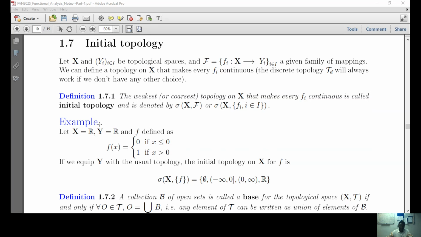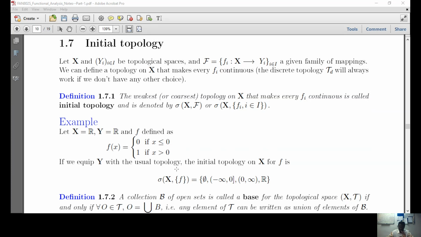Obviously, we equip Y with the usual topology, that is the usual topology of R. Now, we want to define a new topology on X that will make this function f continuous, right? That will be the initial topology.